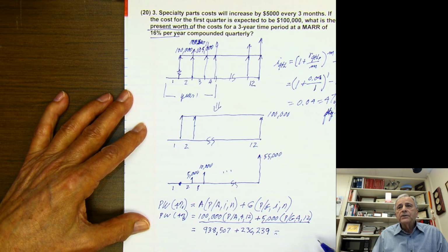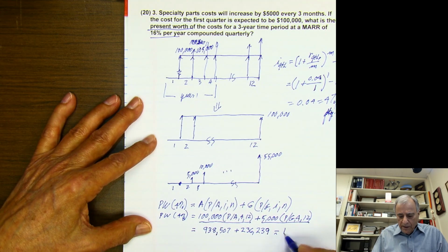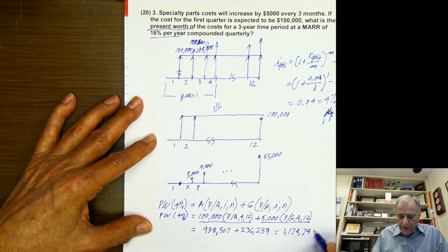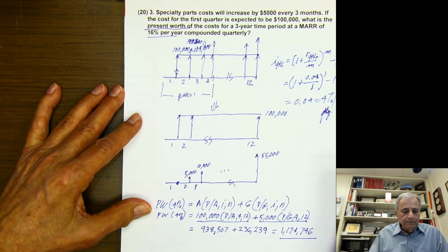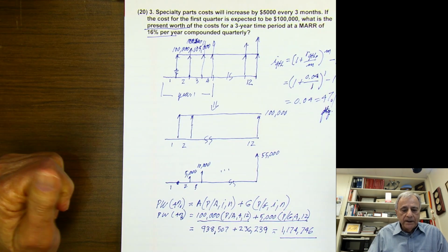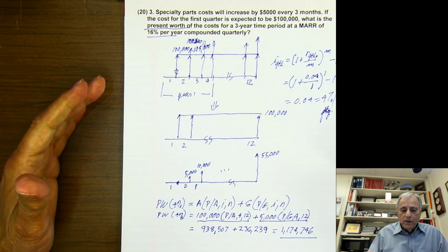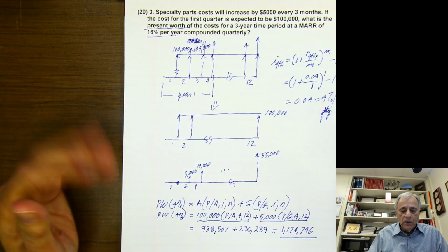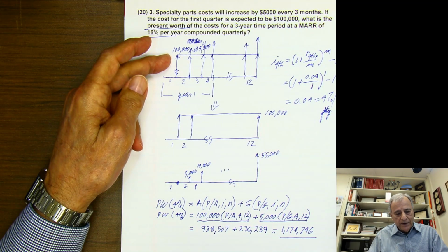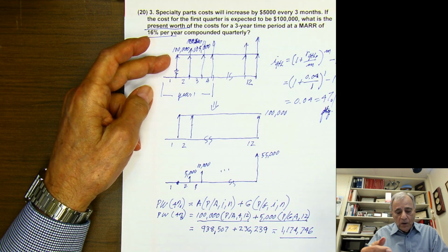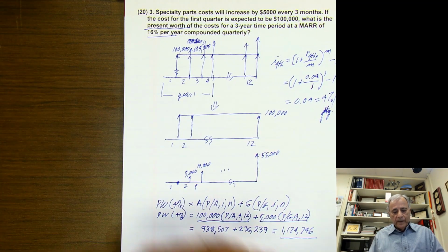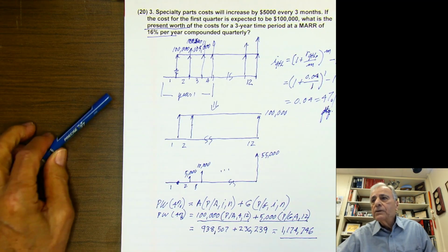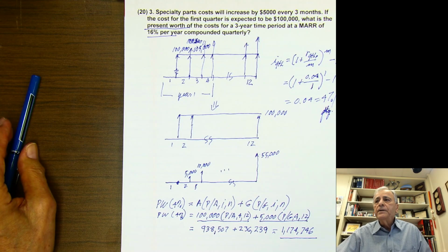And then if you add those two together, you'll get 1,174,746. And so this is your final answer to problem 3 that's asking you what is the present worth of these 12 quarterly payments that start at $100,000 and go up actually to $155,000. And that covers the problem from chapter 3.